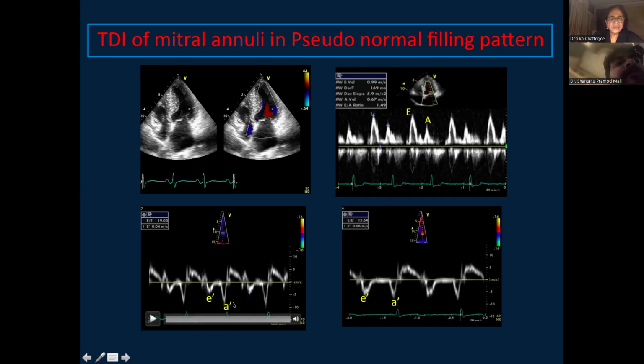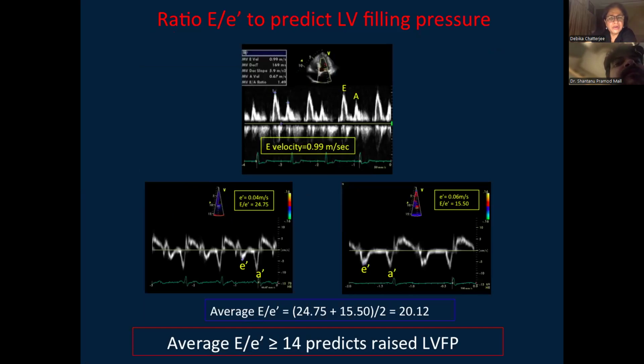So this is the pseudo-normal pattern having E prime less than the A prime, though the E wave is more than the A wave. So these are the two methods by which we can differentiate the normal from the pseudo-normal pattern.